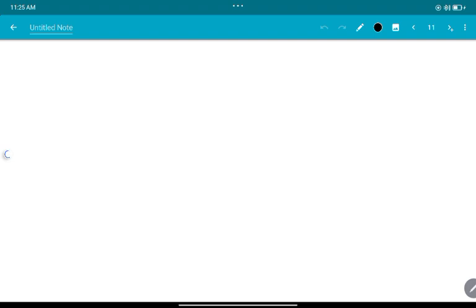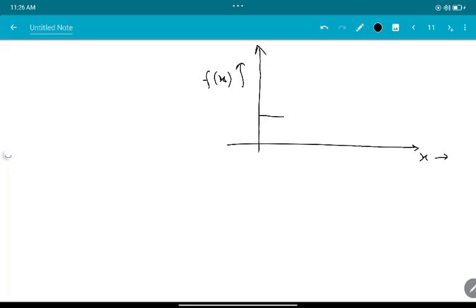See, I draw this graph once again. This is the graph. This is x. This is f(x). And this is a, as you know.